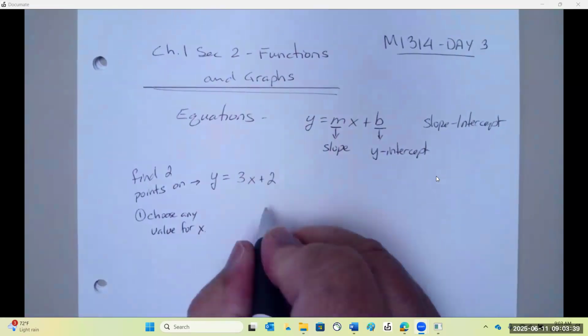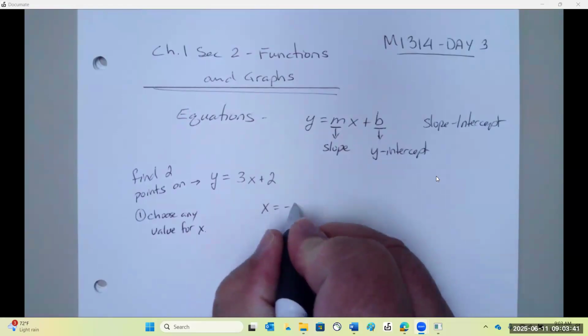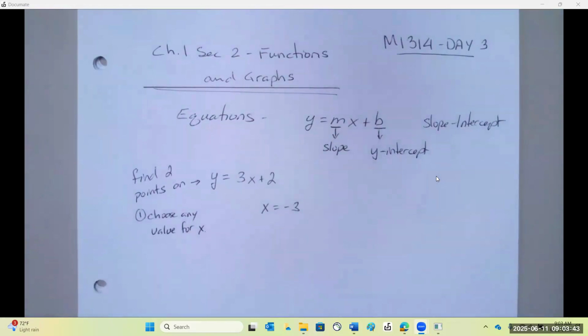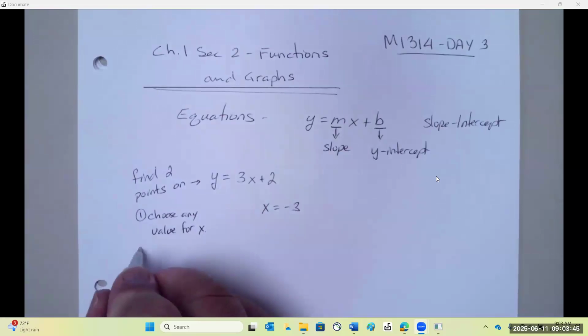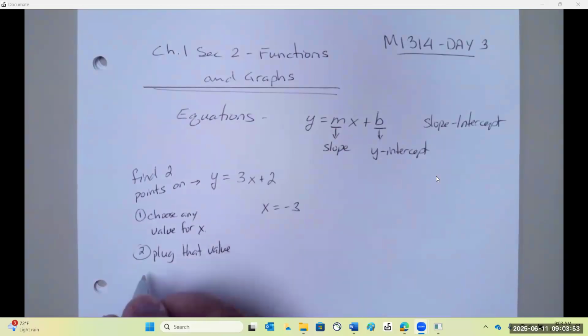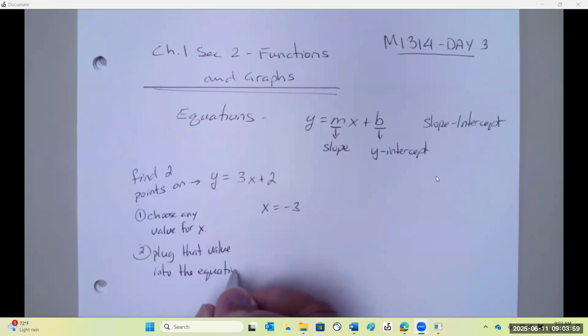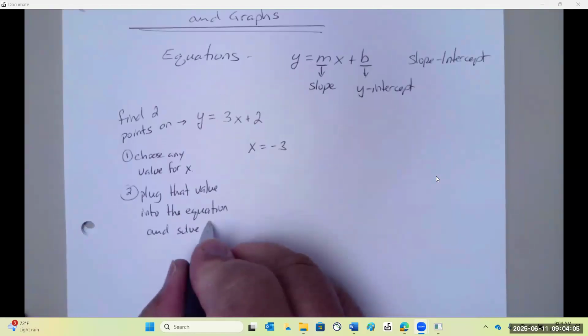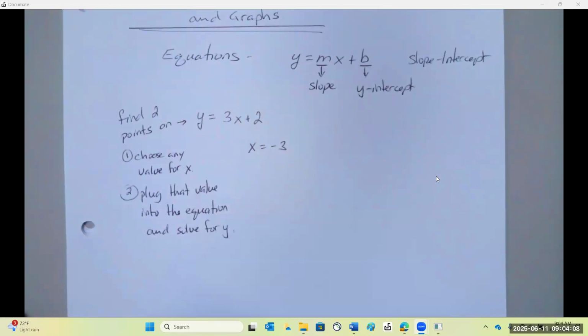Choose anything. So I'm saying that x is equal to -3. Once you choose that, plug that value into the equation and solve for the y value.